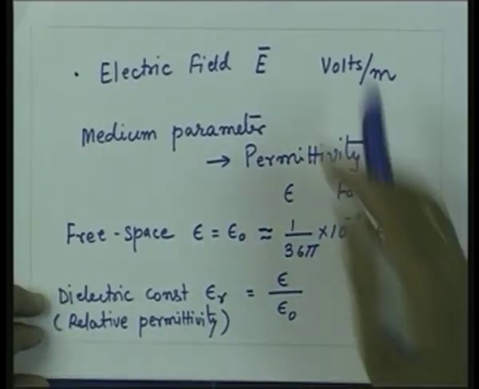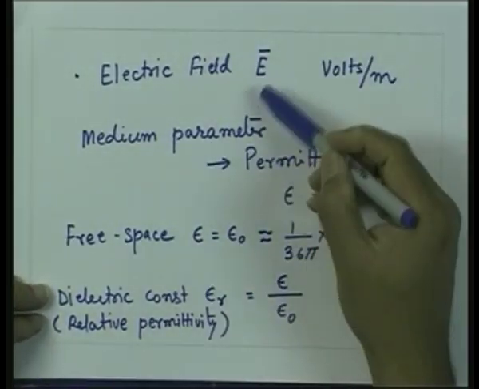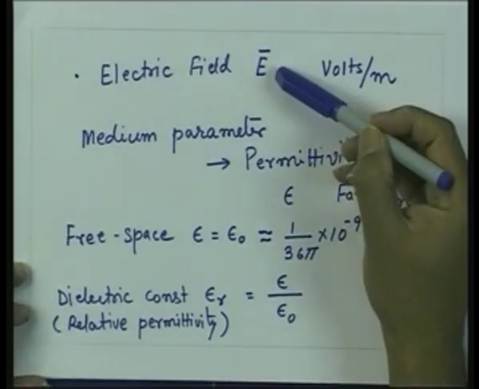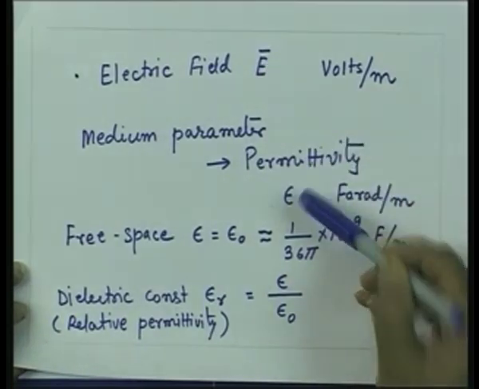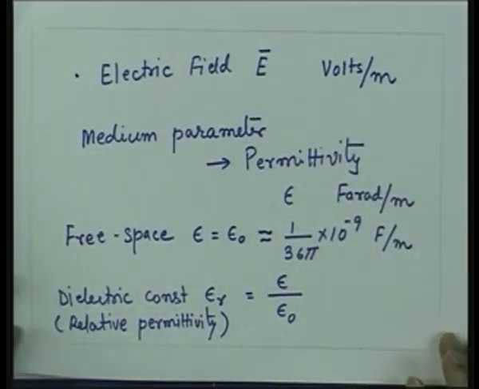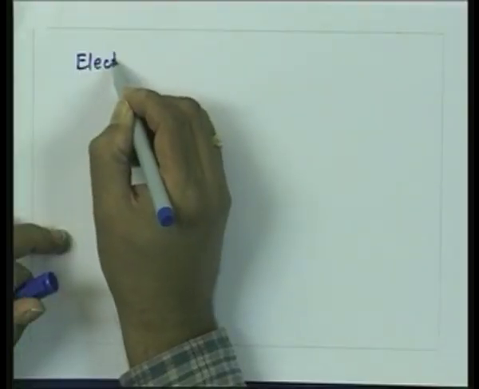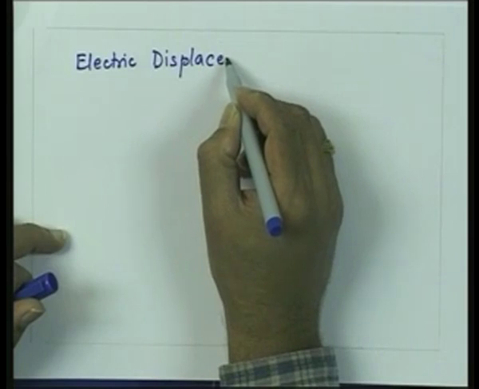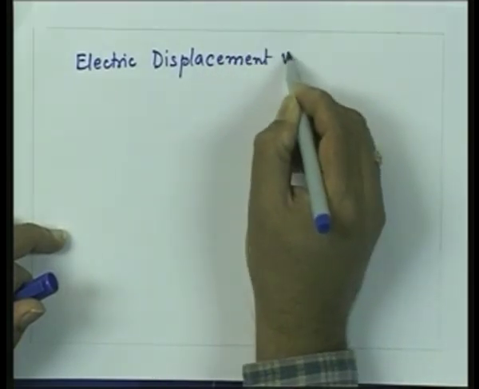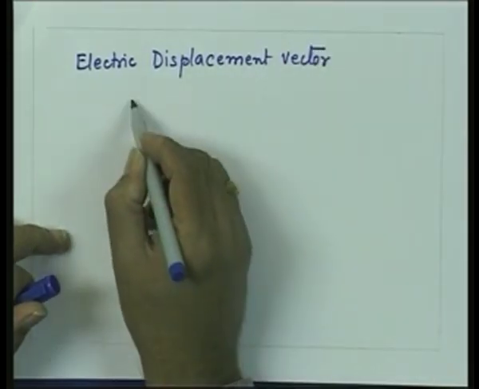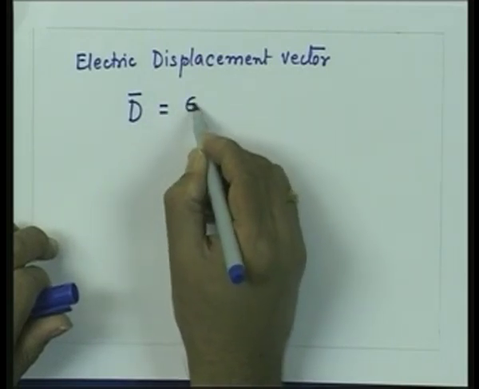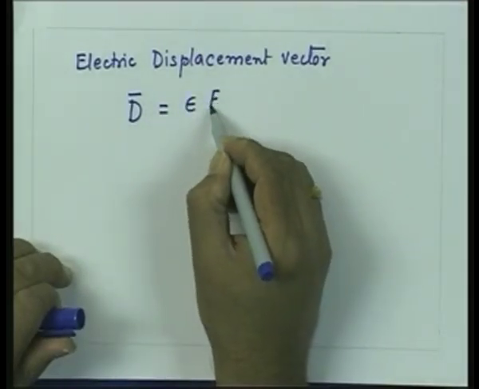Then the quantity which is independent of the medium parameters, that is what is called the electric displacement vector, that is the product of the electric field and the permittivity of the medium. So, we have a quantity electric displacement vector denoted by D, which is equal to permittivity of the medium multiplied by the electric field.